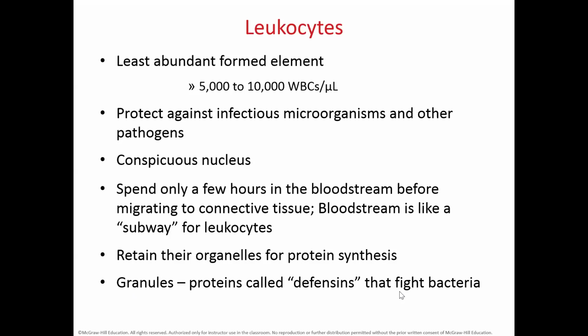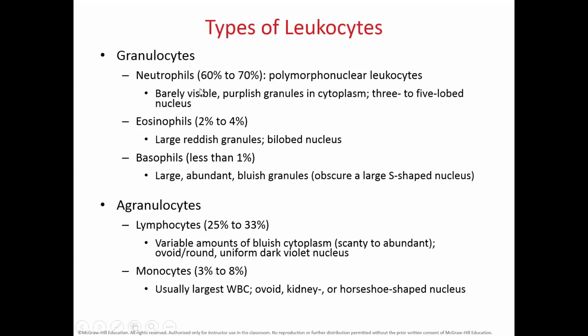And all white blood cells have these granules. It's just that they're obvious in 3 types of the white blood cells. Granulocytes include the neutrophils, eosinophils, and basophils, BEN. B-E-N, to help you remember. And agranulocytes would be the lymphocytes and the monocytes.